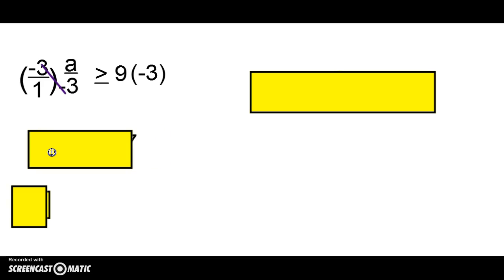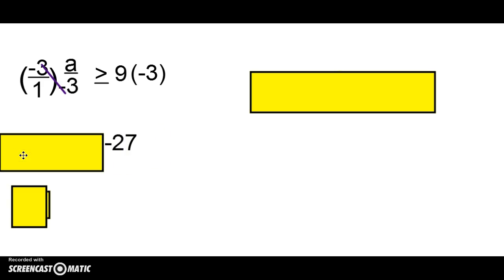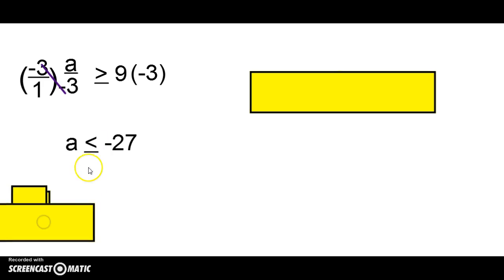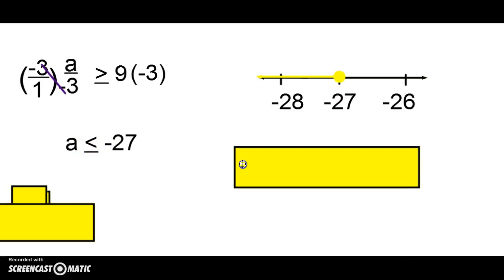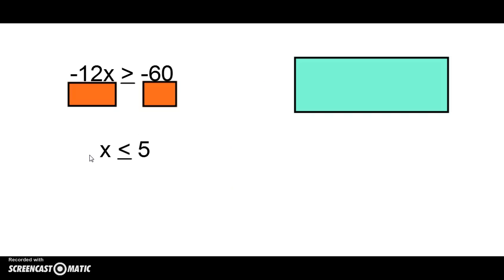And so a positive times a negative is a negative answer, but I multiplied both sides by a negative, so I have to flip the inequality. Notice this is less than or equal to, and so it's a closed circle and to the left. So even the concept isn't that hard by itself, but there's a lot to remember. Open circle, closed circle, flip the inequality when multiplying or dividing by a negative.